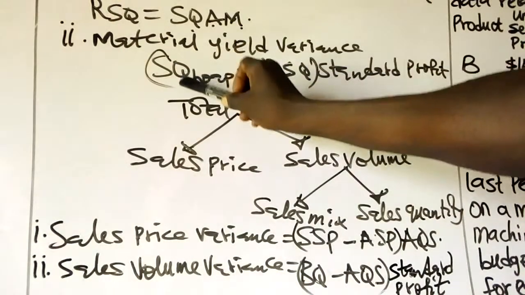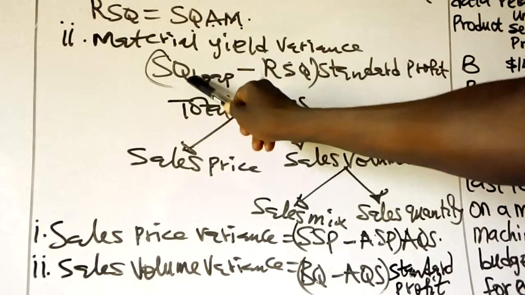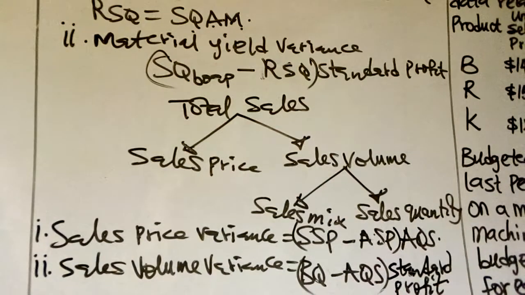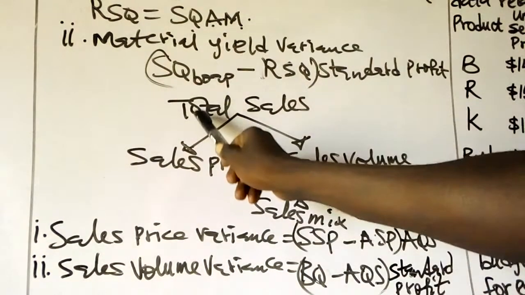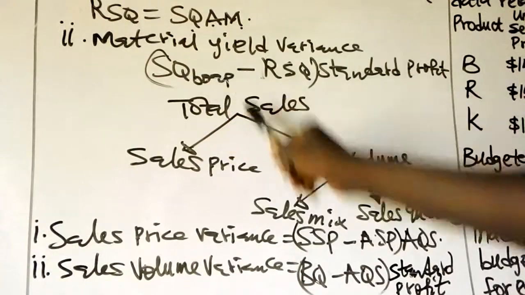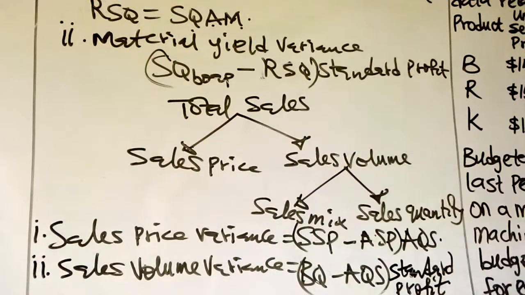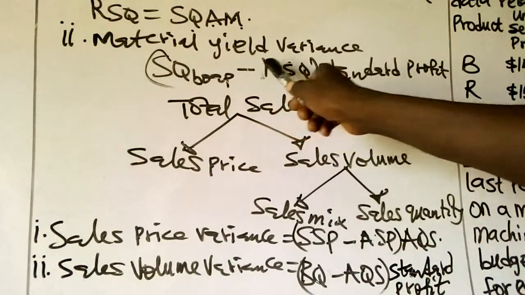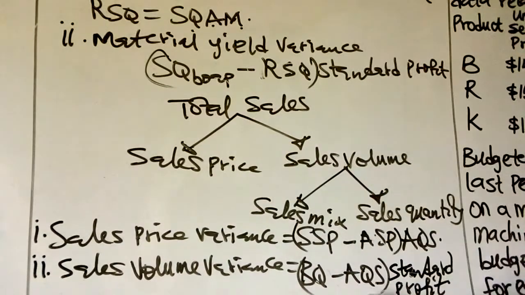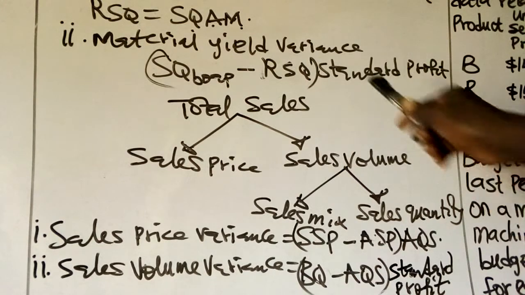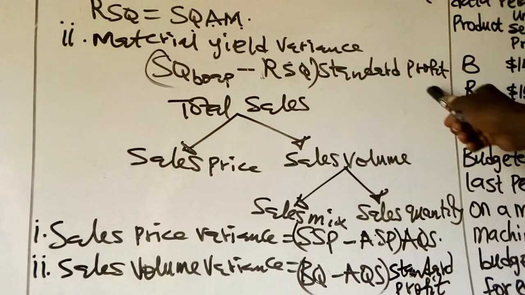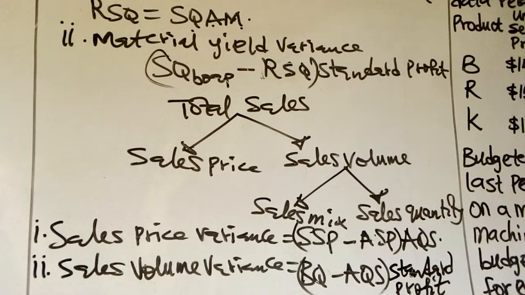Since it is standard quantity, that means we are going to have budgeted quantity in terms of sales. Standard quantity based on actual production becomes budgeted quantity, minus revised standard quantity, which now becomes revised budgeted quantity. You still have your standard profit.